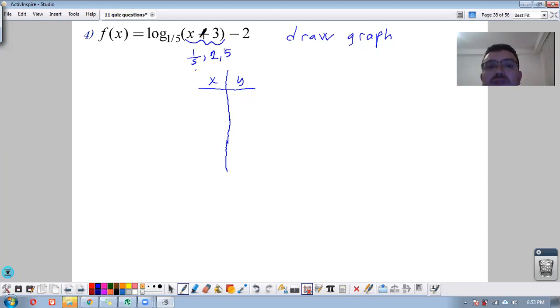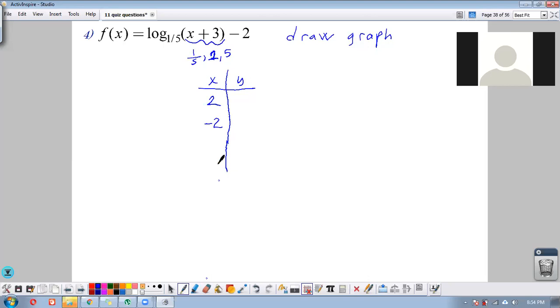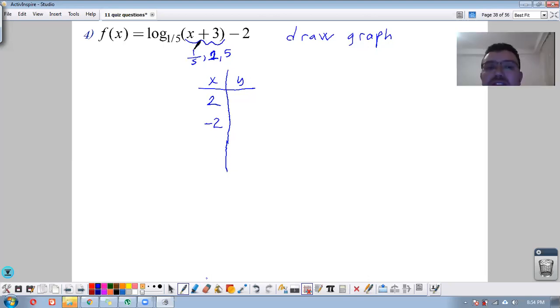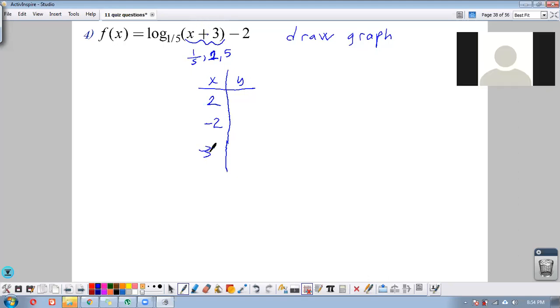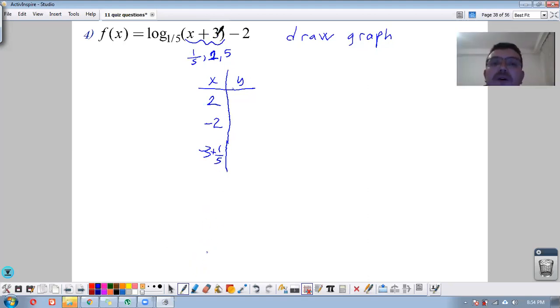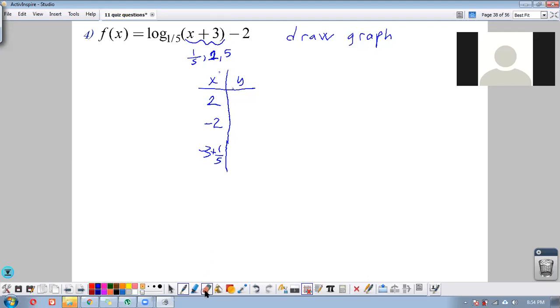To get 5 inside, which x number do I need? 2. 2 plus 3 will be 5. To get number 1 inside the parentheses for the logarithm, which x number do I need? Minus 2. And for 1 over 5, when it is the rational one, firstly you add it up to 0 with minus 3. Minus 3 plus 3 will be 0, and 0 plus 1 over 5 is 1 over 5.